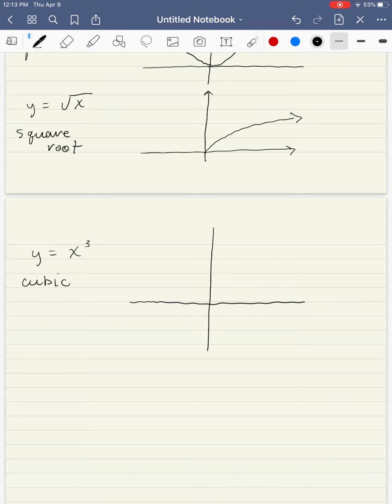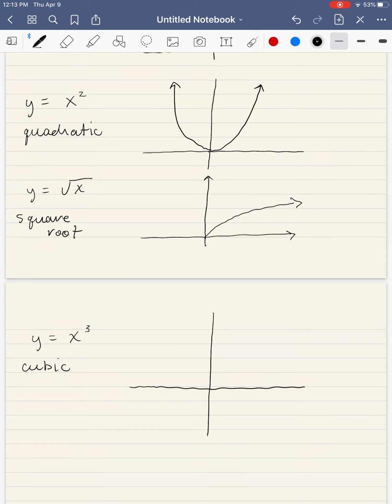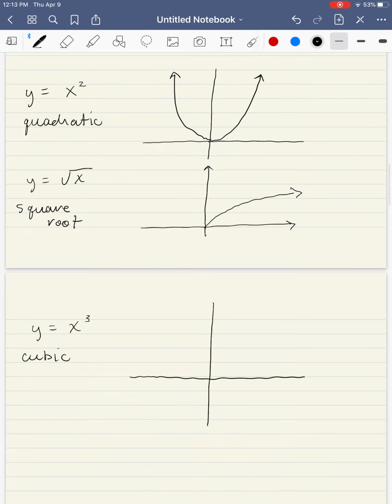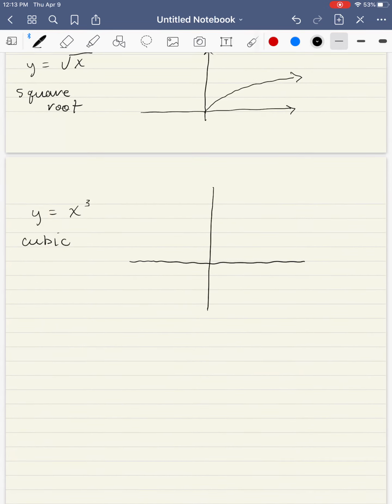When I graph this one, I see a similar upward shape to the quadratic when x is positive, but because we're cubing, it goes up more steeply. But when you cube a negative number, you get a negative result. So when x is negative, y is also negative.